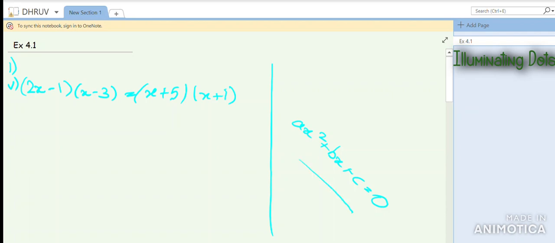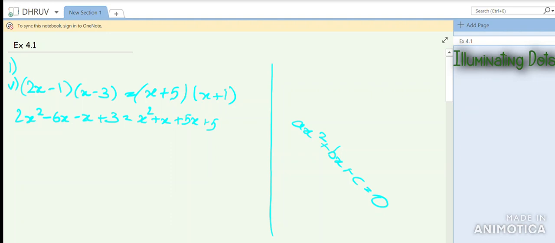When we simplify it, we get 2x square minus 6x minus x plus 3 is equal to x square plus x plus 5x plus 5. This is the simplification.